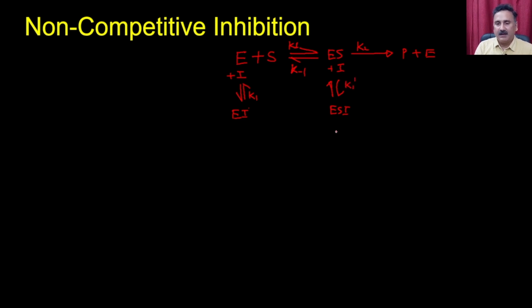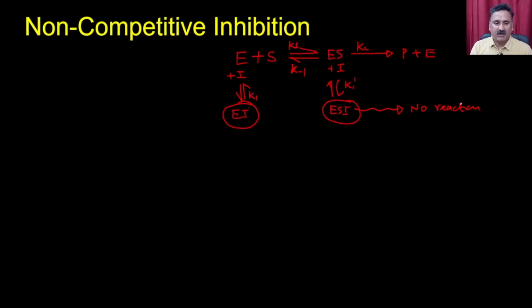Once it forms the enzyme-inhibitor complex or the enzyme-substrate-inhibitor complex, there is no reaction. Remember that whenever the inhibitor binds, whether to the allosteric site or the active site, it will never be processed by the enzyme to form the product.